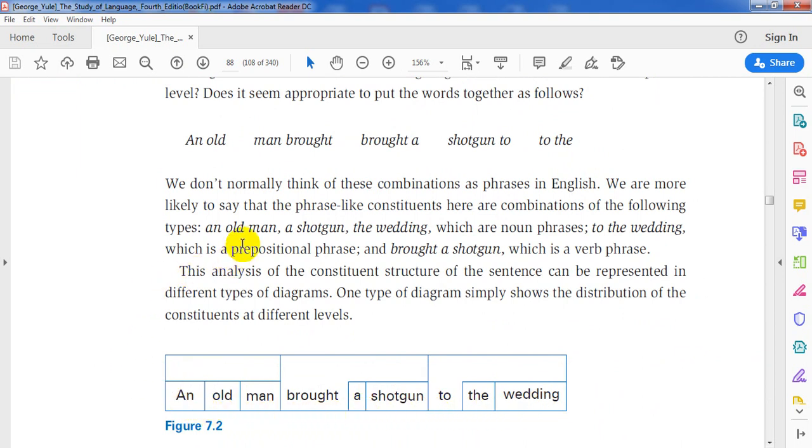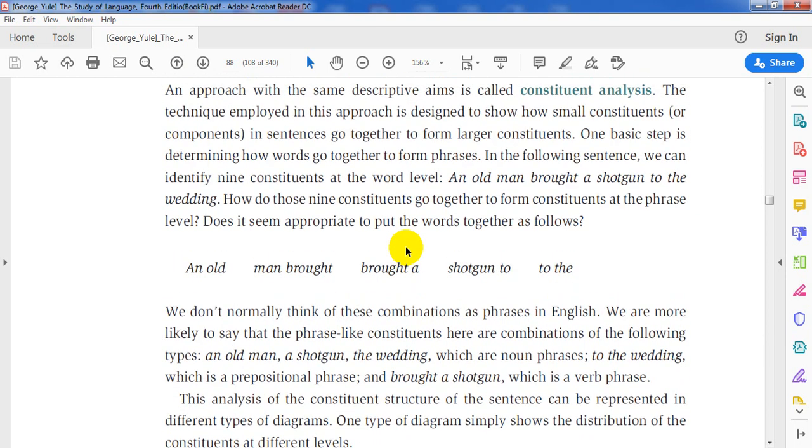It is the same idea as the test frames, but here we are just changing the strategy by grouping those items that fall in the same category in some groups, so that the listener or the speaker or the reader would understand what is the grammatical category of this group or that group.